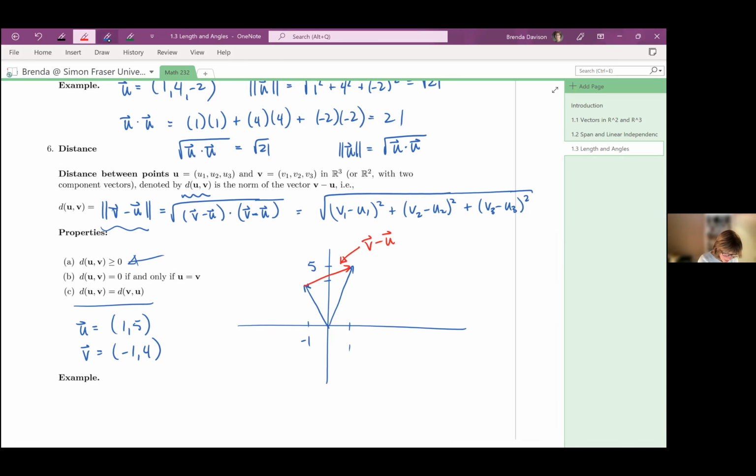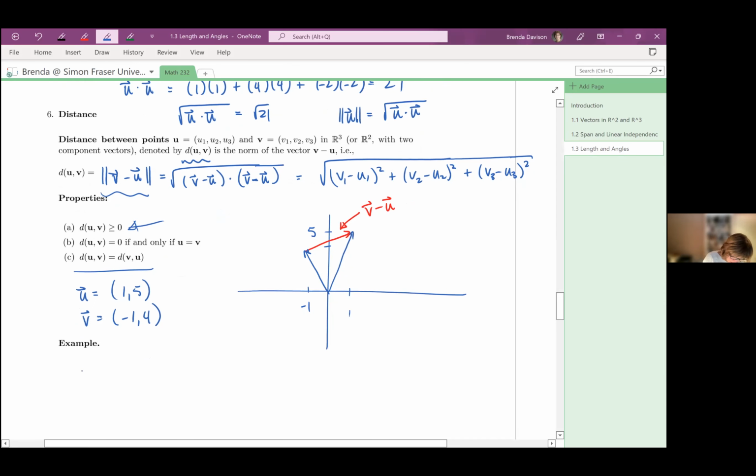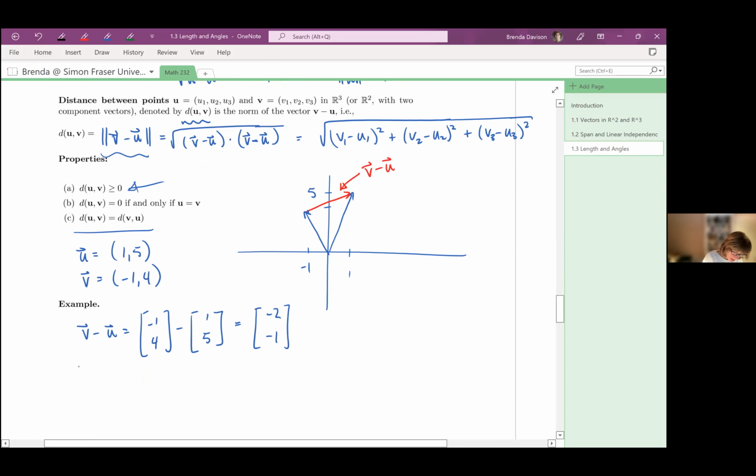Okay, let's figure that out. v minus u is equal to minus 1, 4 minus 1, 5, and that is minus 2, minus 1. There it is. Okay, so I can now take the dot product, v minus u dot v minus u, and that is minus 2 times minus 2 plus minus 1 times minus 1, and that is 5.